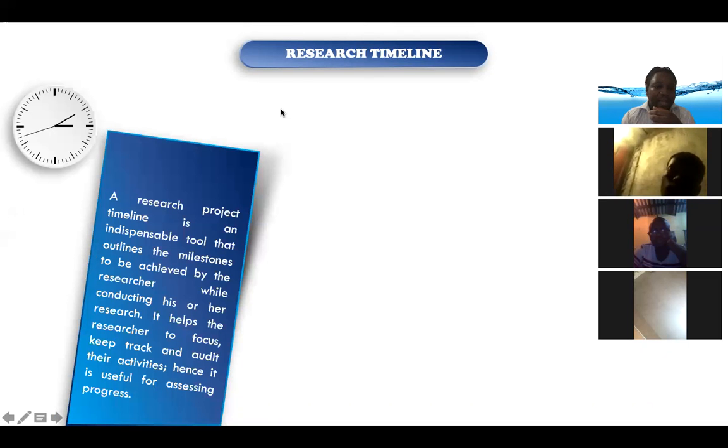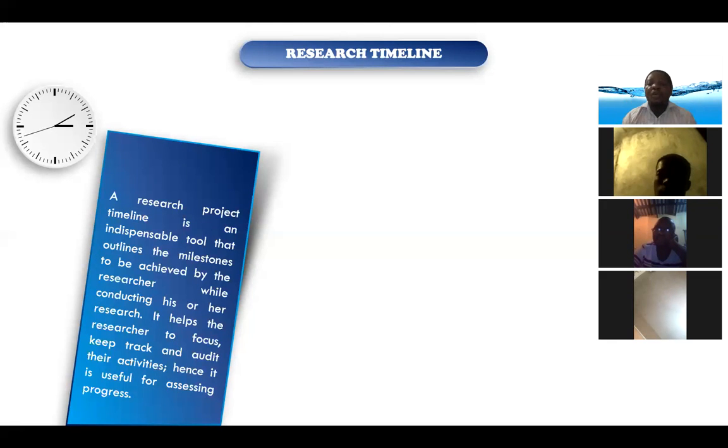So what is a timeline? A research project timeline is an indispensable tool that outlines the milestones to be achieved by the researcher while conducting his research. It helps the researcher to focus, keep track, and audit their activities. Hence, it is useful for assessing progress. So a timeline is important because it can help you to be focused.